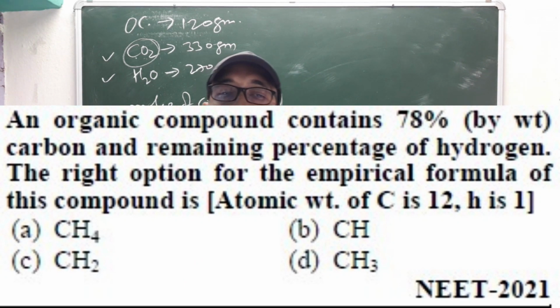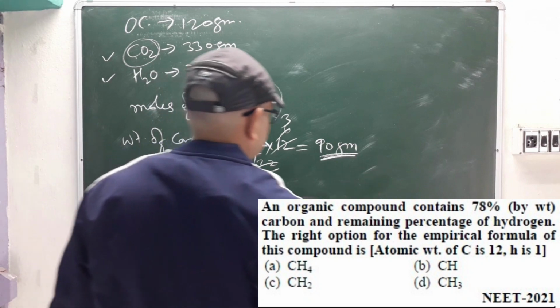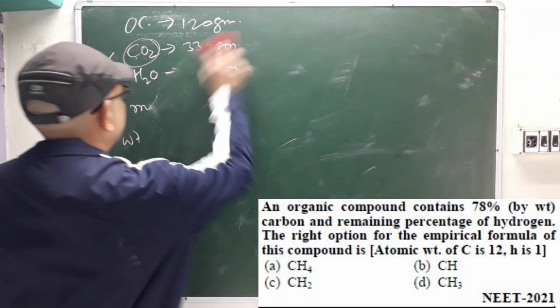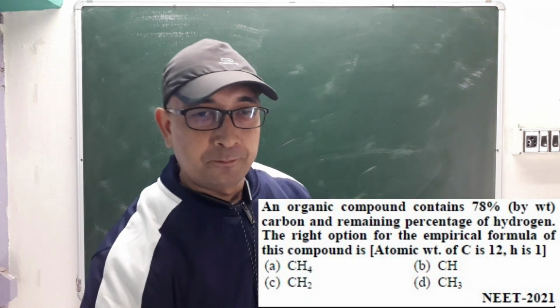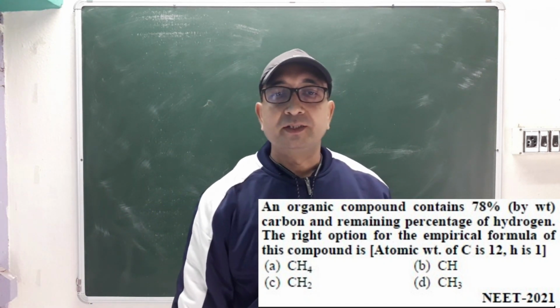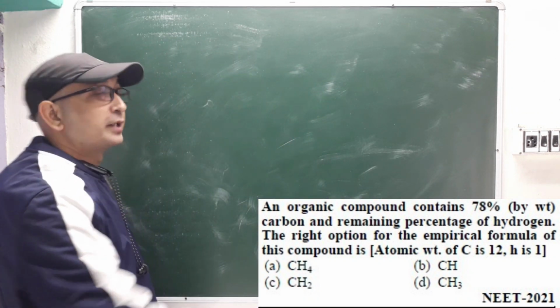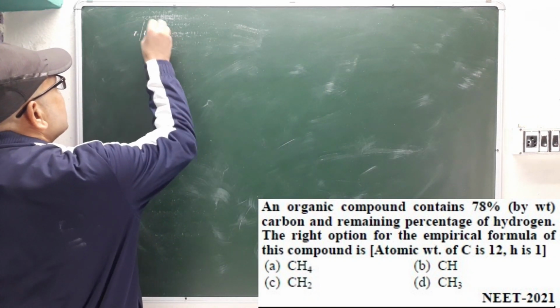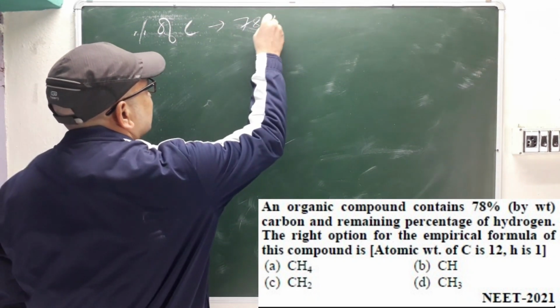An organic compound contains 78% by weight carbon and the remaining percentage is hydrogen, right? Just see the question. So the percentage of carbon is 78%, correct?